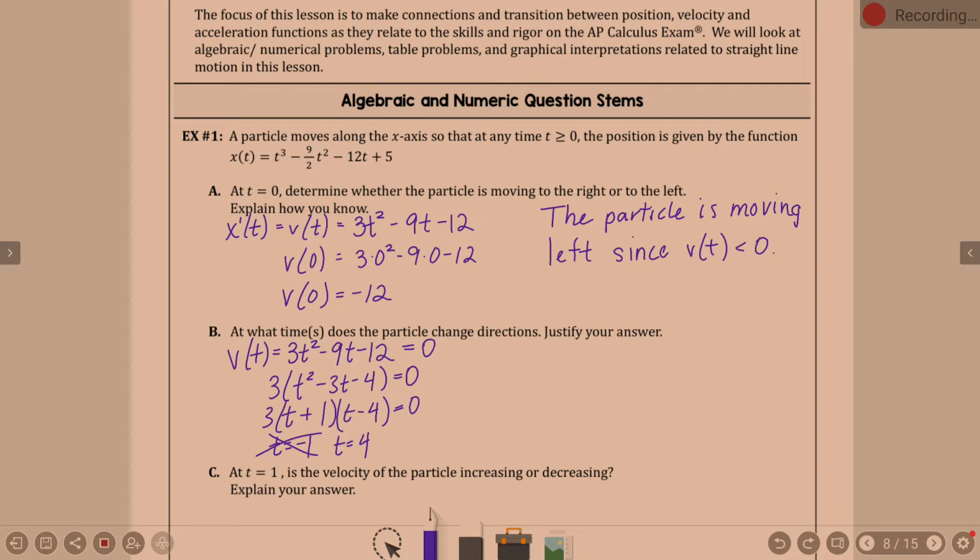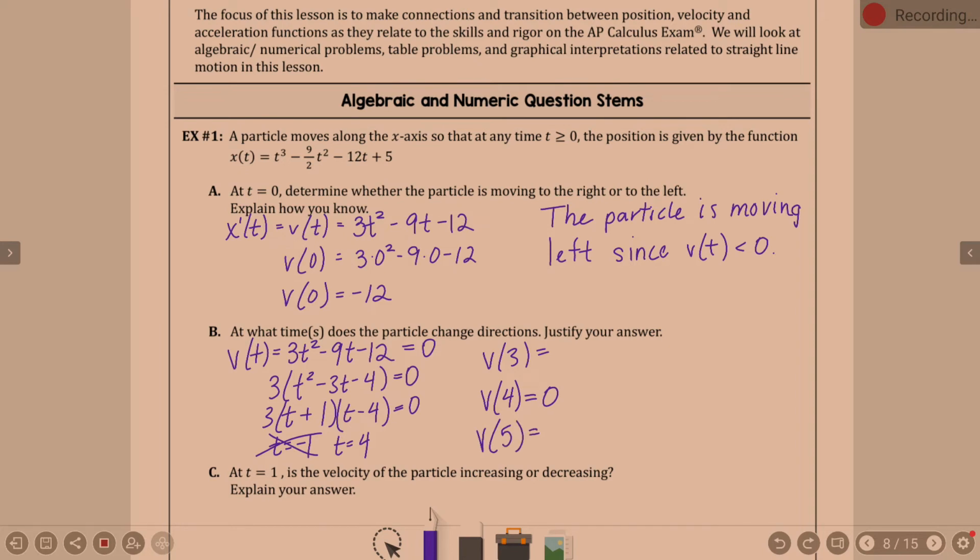Like we just found that the velocity at time 4 equals 0, yes? So if we look at the velocity on either side of that time, that can help us to justify. As in, what is the velocity at time 3? And what is the velocity at time 5?